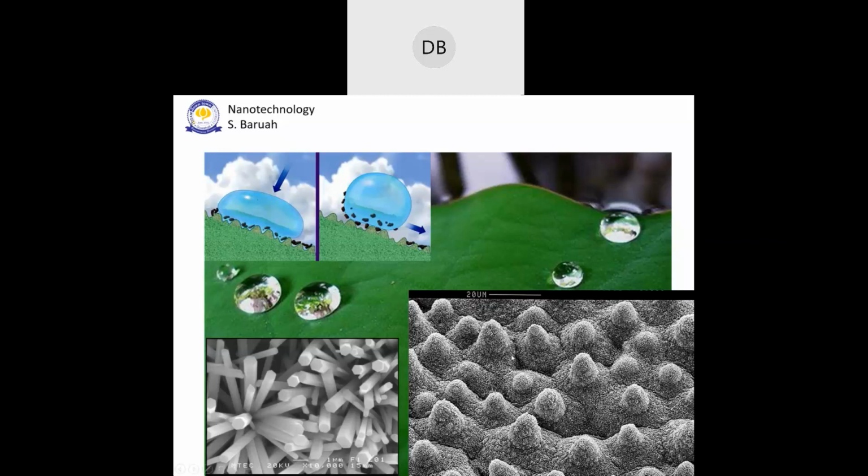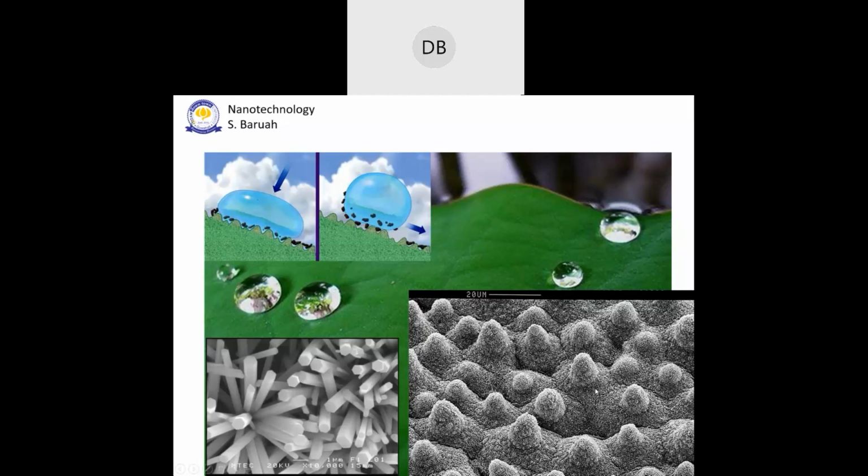So what happens is, because this is a huge water droplet, if I put it here, it will be very big. Because of these small structures jutting out, the weight of this water droplet is distributed on these small tips all over. My personal study shows that if this water droplet sits on less than 40% of the surface area at the base of the droplet, then the droplet does not break open.